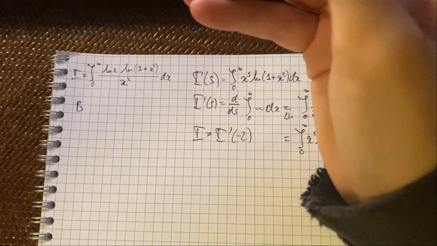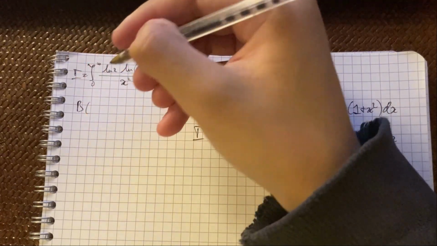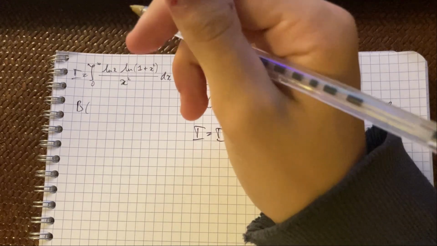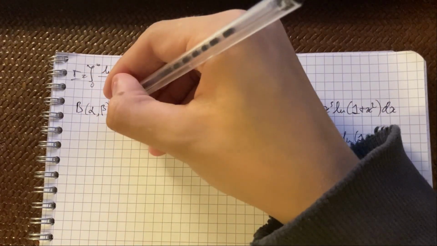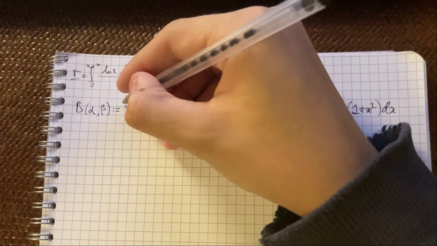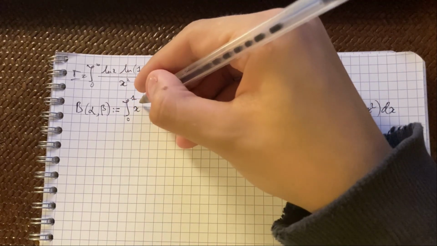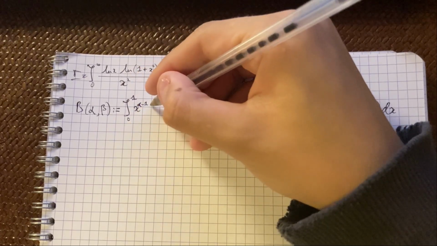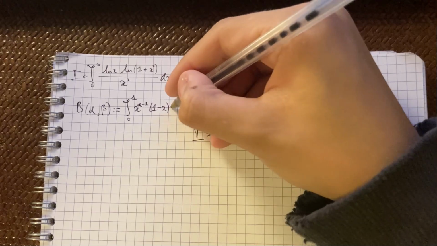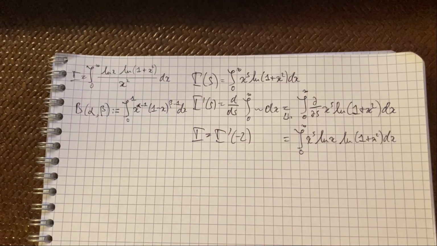The beta function is defined as an integral. Beta of alpha, beta, here is a capital Beta, is defined as the integral from 0 to 1 of x to the alpha minus 1, times 1 minus x to the beta minus 1, dx.